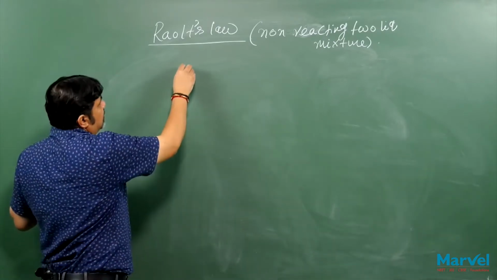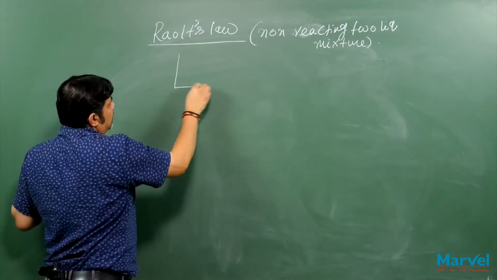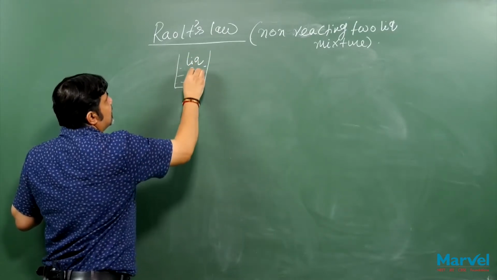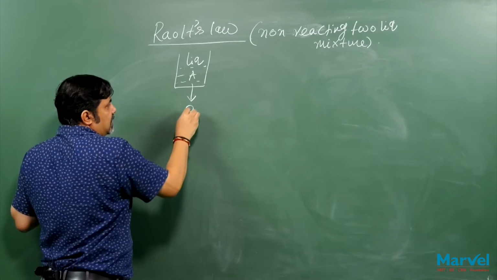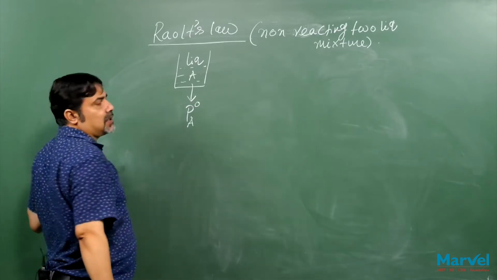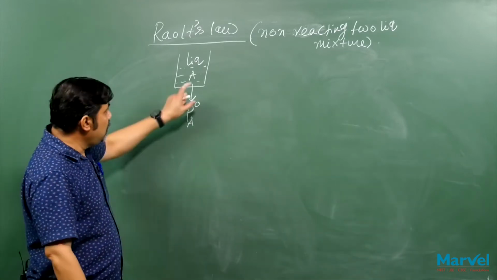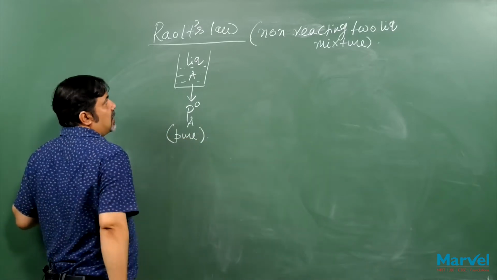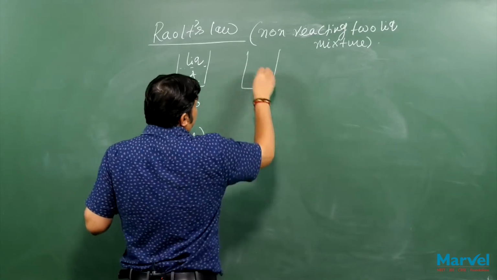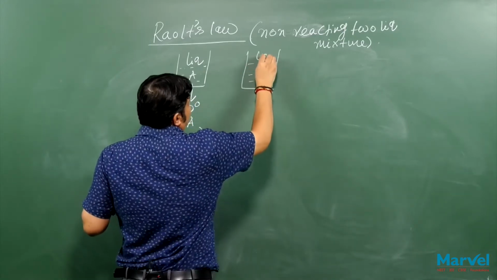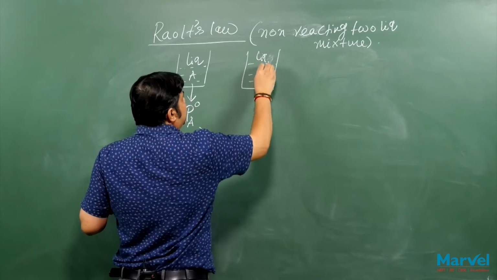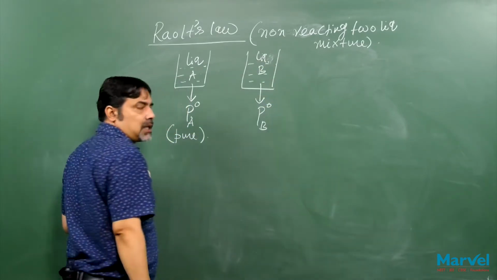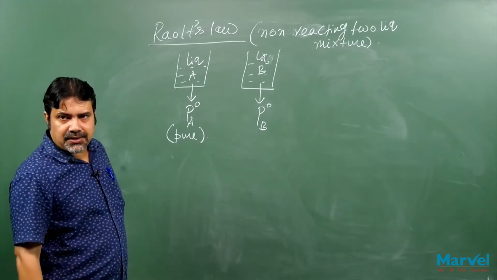Suppose I am taking liquid A. When it is in pure form, the vapor pressure is nothing but PA naught. You got the point? This is pure liquid A, and vapor pressure is PA naught. Another is liquid B, in pure state the vapor pressure is PB naught. You got the point, my dear student?